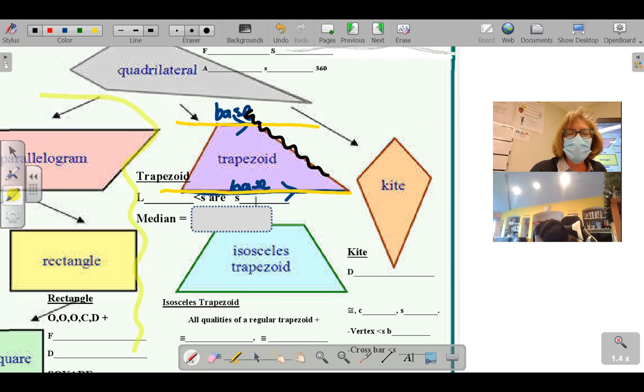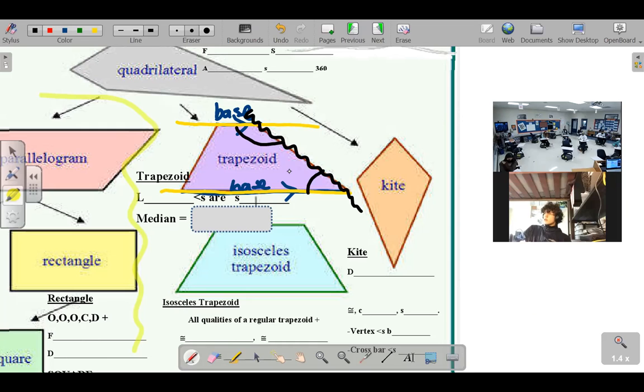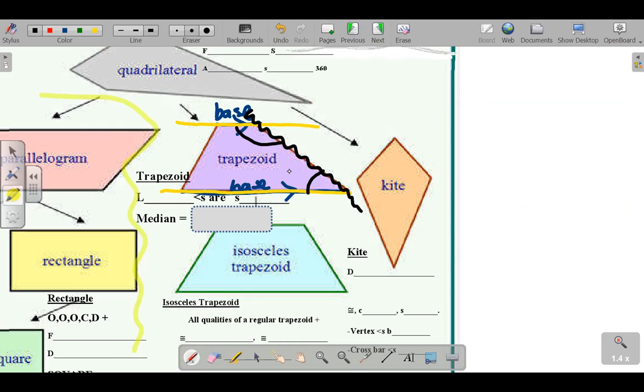Squiggle down a stir stick, or a transversal. Sweep these two angles. Those are consecutive interior angles. Navia, what's true about these angles if they're consecutive interior?